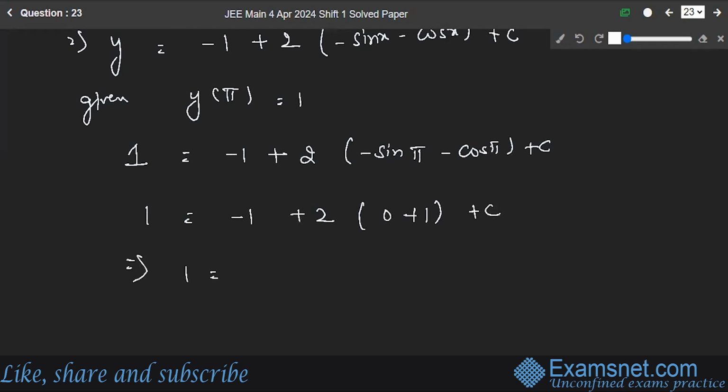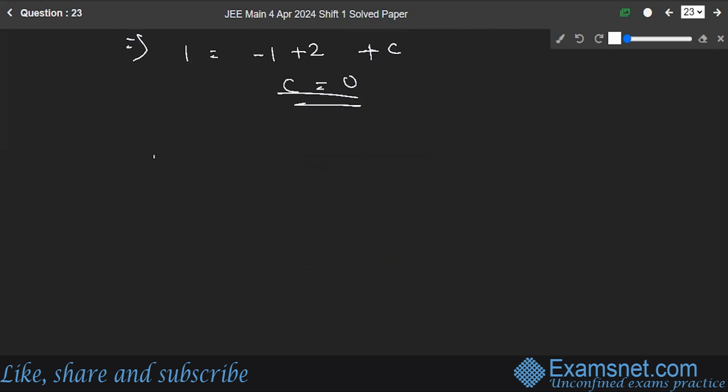So you have 1 is equal to minus 1 plus 2 plus c, which gives you c is equal to 0. Therefore, c came out to be 0. So the equation becomes y of x is equal to minus 1 minus 2 sine x plus cos x.